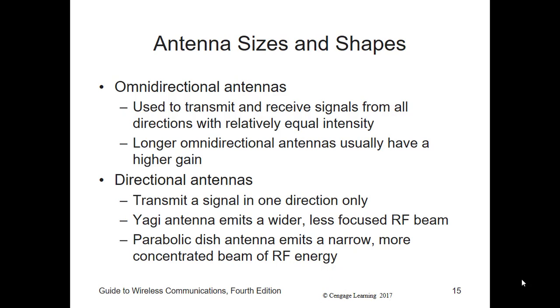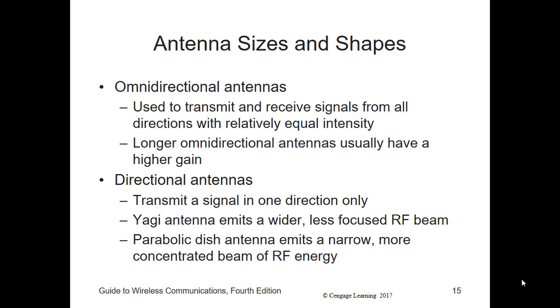Some types of directional antennas focus the RF energy more or less than others. We have something called a Yagi antenna, which emits a wider, less focused RF energy beam, whereas a parabolic dish antenna emits a narrow, more concentrated beam of RF energy. Yagi and dish antennas are both used for longer distances, your outdoor type applications.